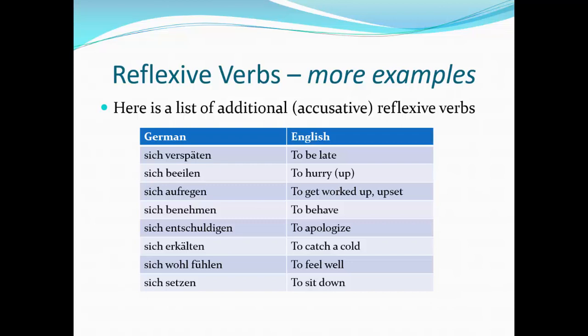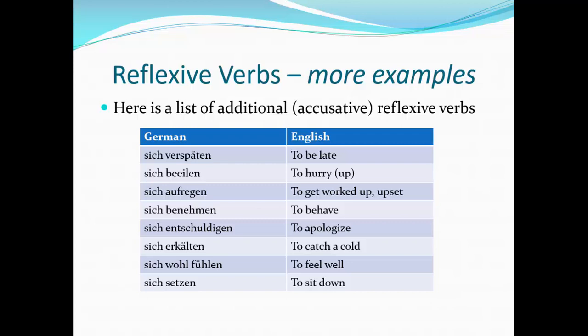A lot of times this one will be used in the imperative, as a command. For instance, if I'm telling my sons to hurry up in the morning, beeilt euch, or if I say, oh, I have to hurry up, I'll combine it with the modal verb müssen. Ich muss mich beeilen. Okay.